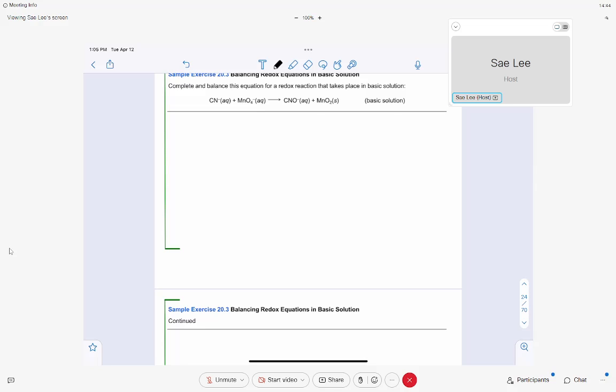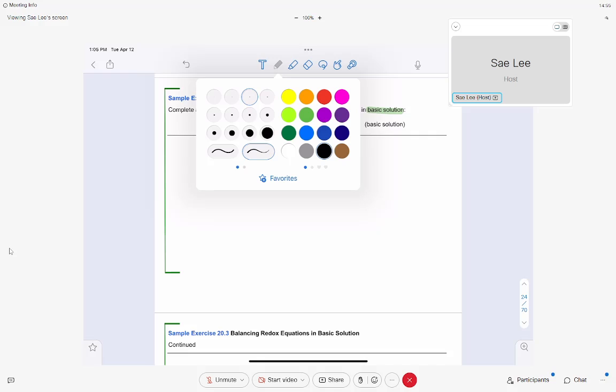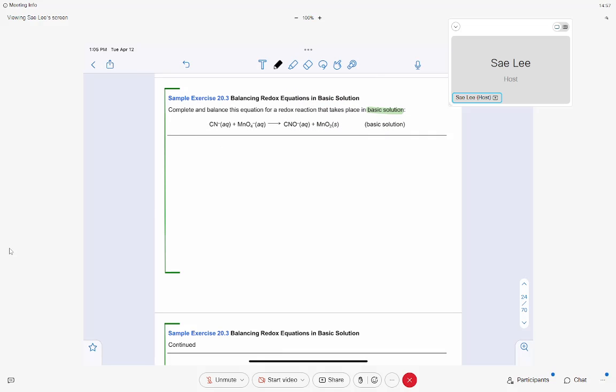Complete and balance the equation for a redox reaction that takes place in basic solution. So we have a basic solution here. Since the very first step is to write the half reactions, we need to figure out which substance got oxidized and reduced.